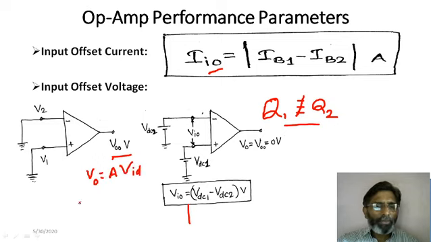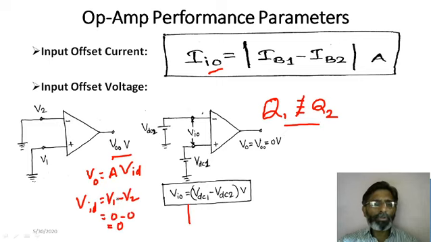Here VID is equal to V1 minus V2. So both are 0, 0 minus 0 is 0. So in this case what I expect is that the output VOO should be 0. But it doesn't happen so.